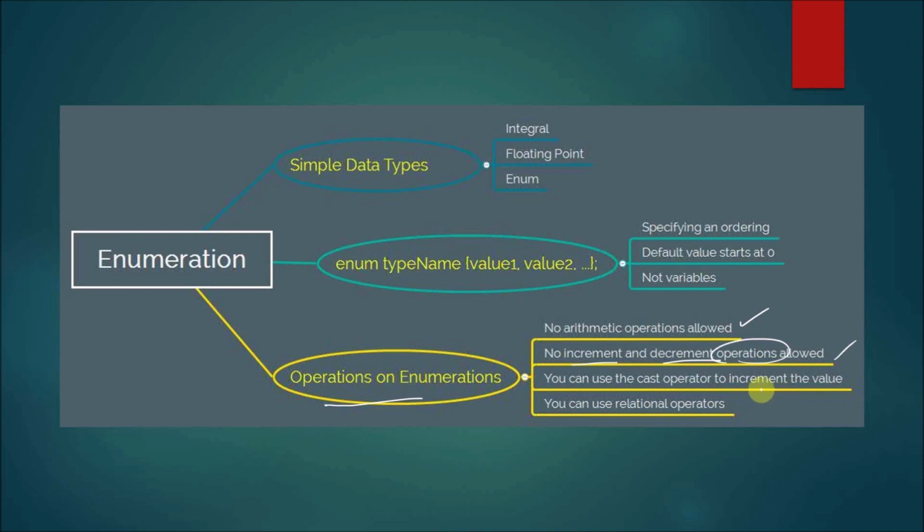You can increment the value of an enumerator by using the cast operator.